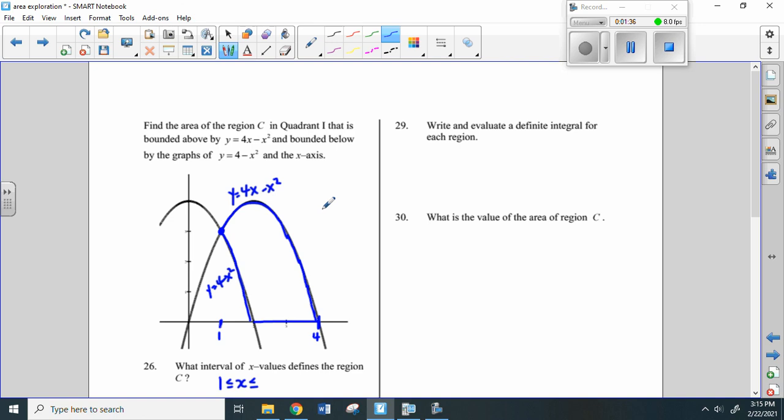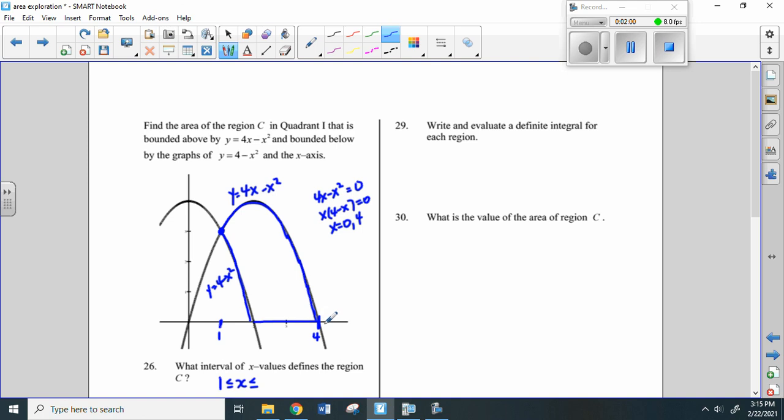But if it wasn't clearly labeled at 4, you may have to find that on your own by setting that function equal to 0 and literally solving for x. That would actually require us to factor out an x, and then x equals 0 and 4. Here's the 0 intersection point.